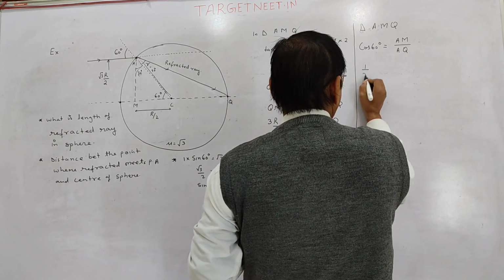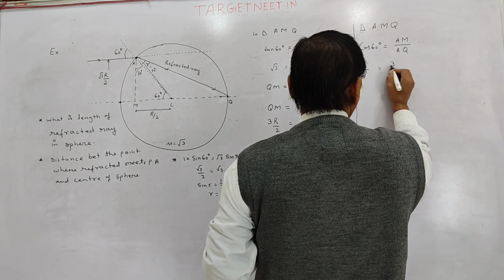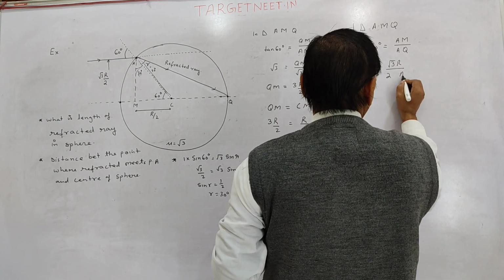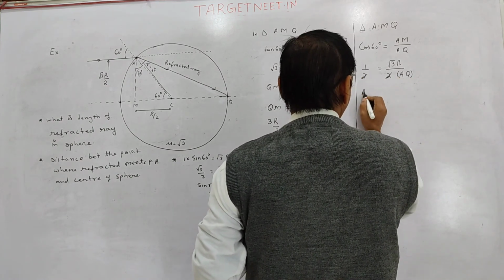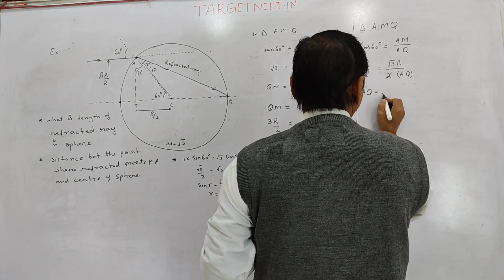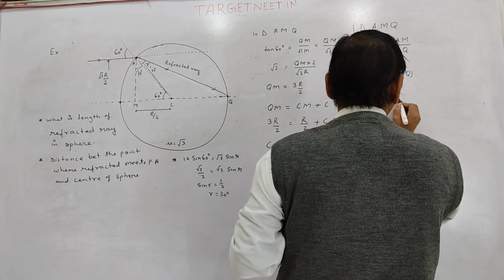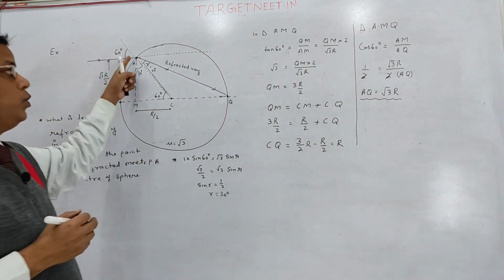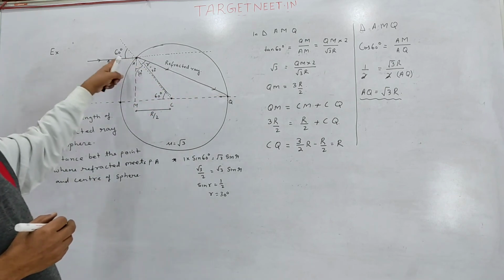So it is 1 by 2 is equal to AM, which is root 3 R by 2, upon AQ. The 2 cancels. So AQ is root 3 R, and AQ is the length of the refracted ray in the sphere.